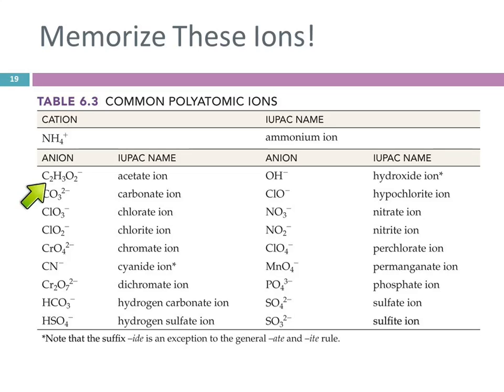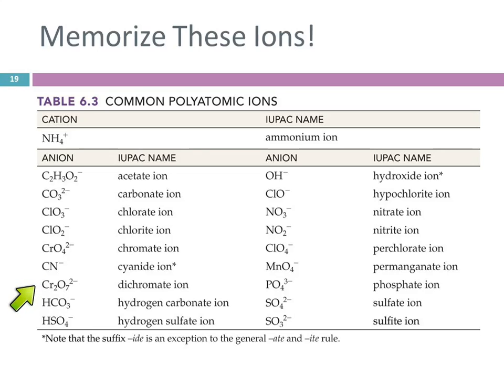There are a couple of ones on here that are a little bit weird. Acetate ion looks a little strange. This is actually an organic anion, but we run into it a lot. C2H3O2 with a minus charge. You're never going to see anything with that ite, hypo-ite, per-ate pattern with that guy.